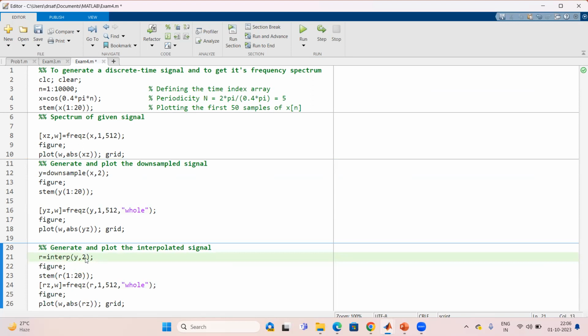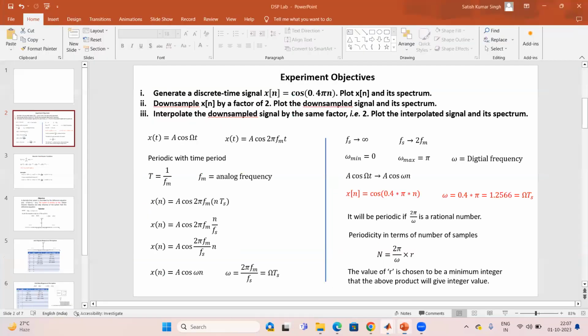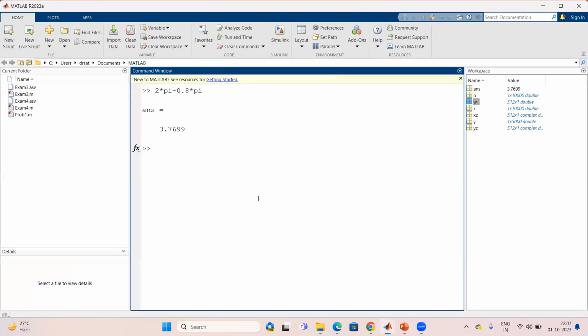Once we interpolate, it will follow the low pass filtering method. It will try to increase the sampling rate by inserting the extra samples. Here you can type interp and see the definition of interp.